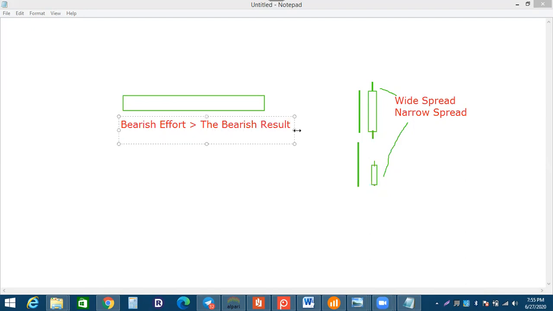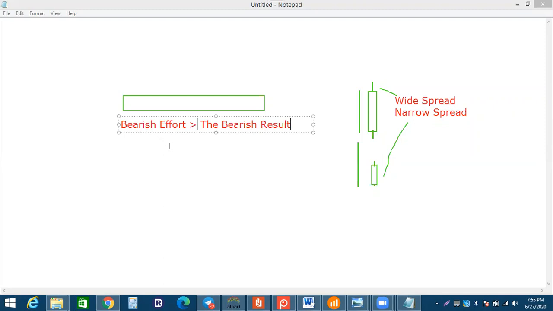So I'm asking Noor, do you hear me? Yes, sir. Here I write the statement: bearish effort is greater than bearish result. What does it mean? It means the volume bar is greater than the spread. Am I right? Yes, sir, that's right.